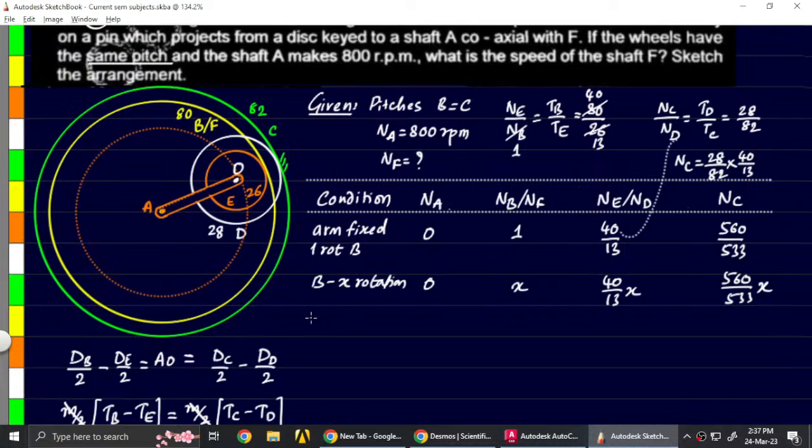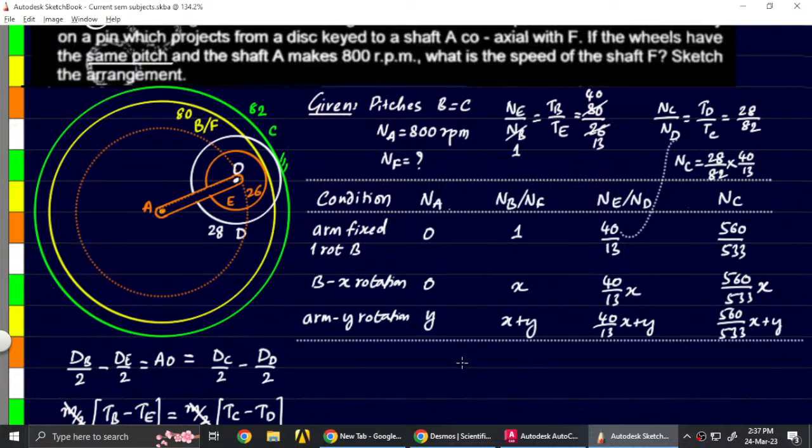And then the arm is rotated by Y rotations. So Y gets added to all of them, because the arm is the one on which all the other gears are situated. So it's going to add up, same thing plus Y. These are the final formulae that we can use.